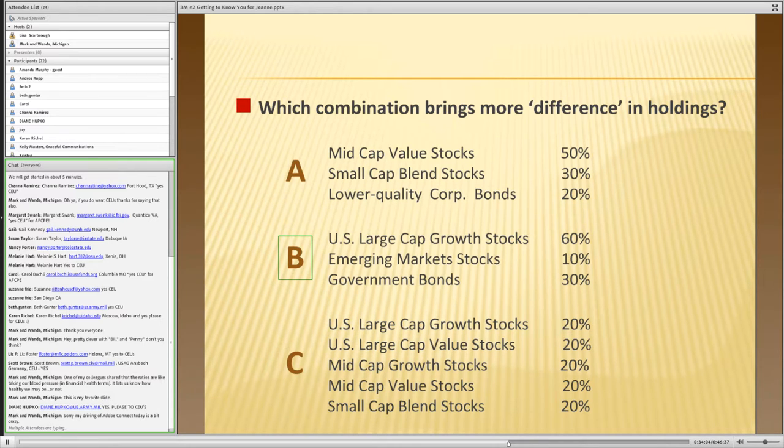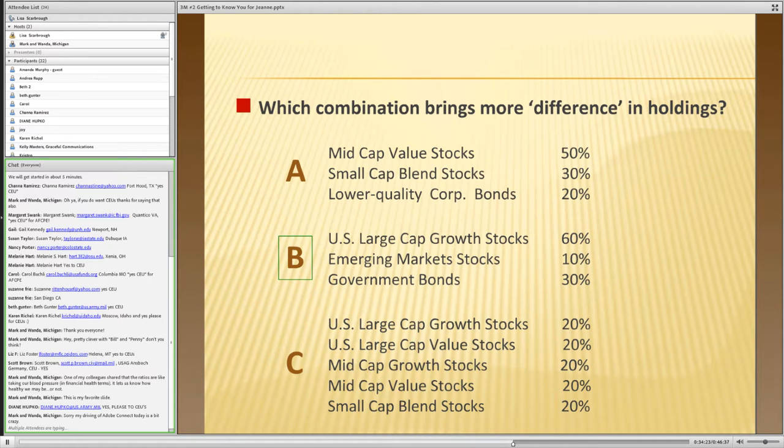Let's look at answer A. I have mid-cap value stocks and small-cap blend. Those are two very highly correlated. I can explain about 98% of what small-cap blend is doing by mid-cap value.